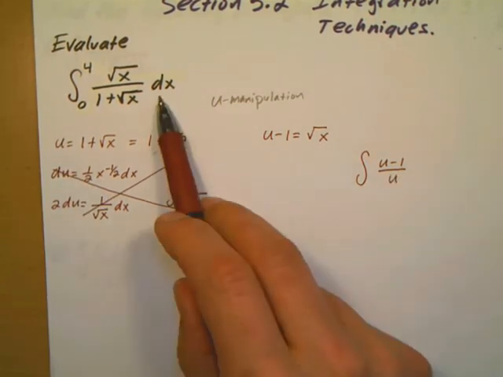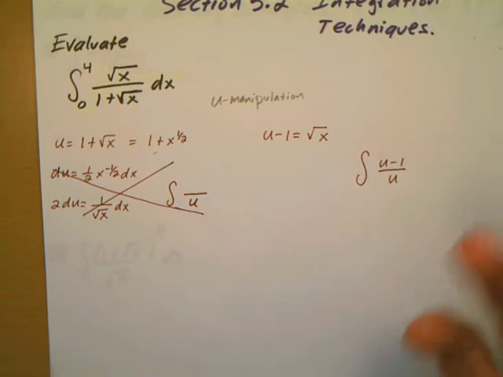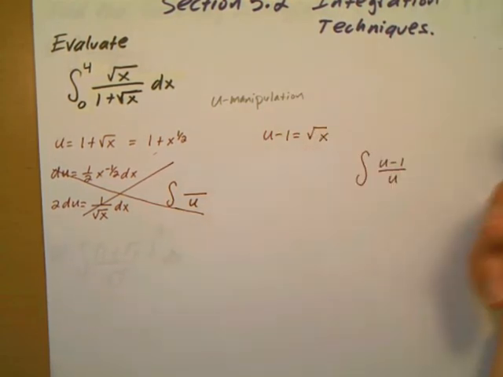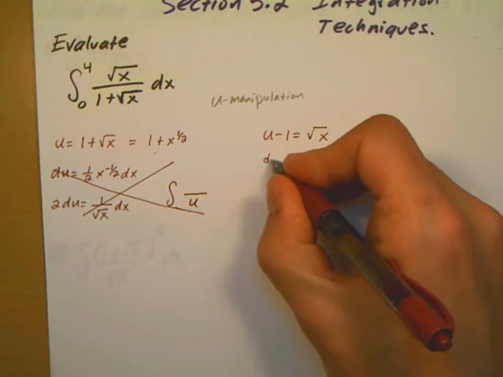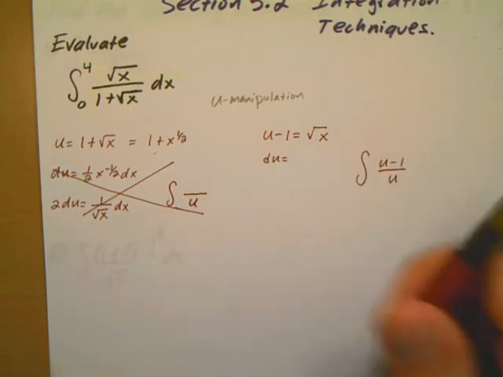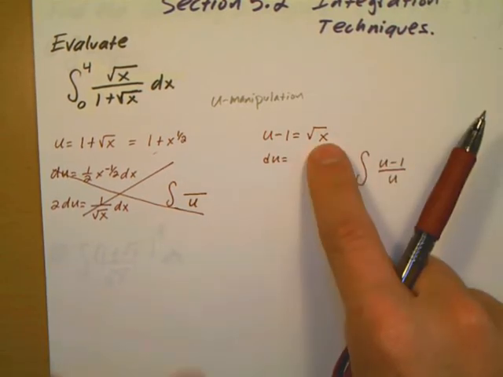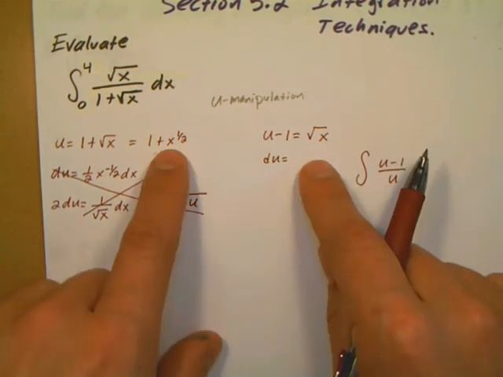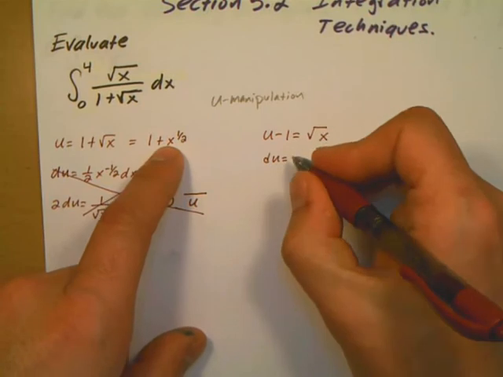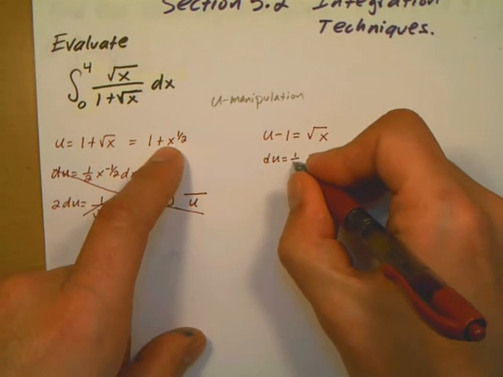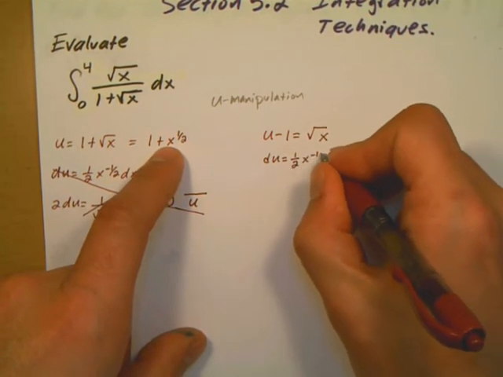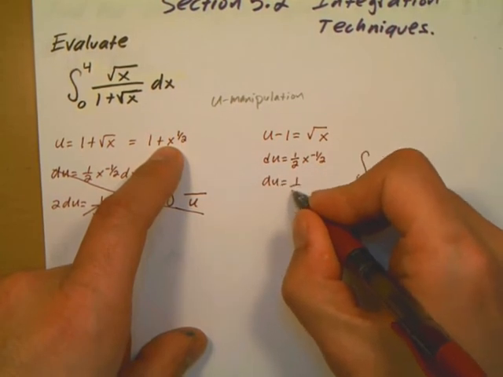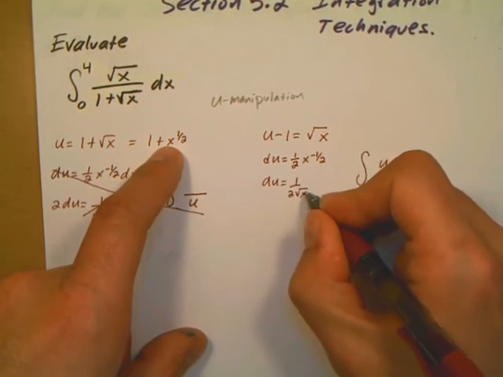But now I don't have this extra dx, so I would assume from this point I would have to take the derivative. The derivative here would be du. But I run into another problem, because if I take the derivative of square root of x, thinking of it as x to the 1/2, that leads me to 1 over 2 x to the negative 1/2, and this would be 1 over 2 square root of x.